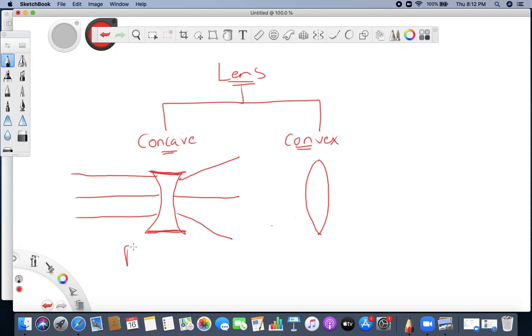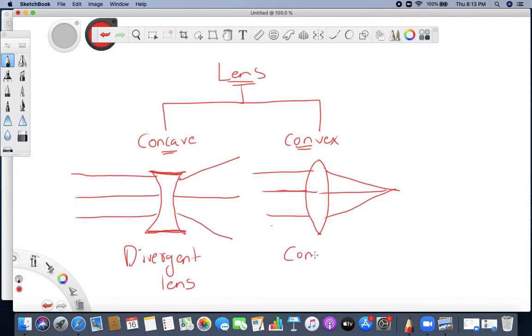That's why this is called a divergent lens. It spreads the light. And here, when parallel rays go through the convex lens, it converges the light, means it brings it together. That is why this is divergent and this is convergent.